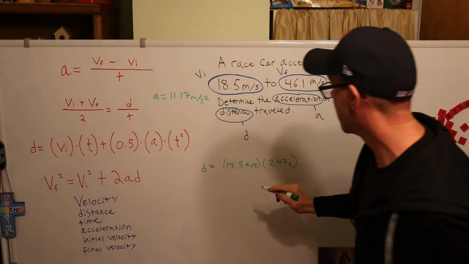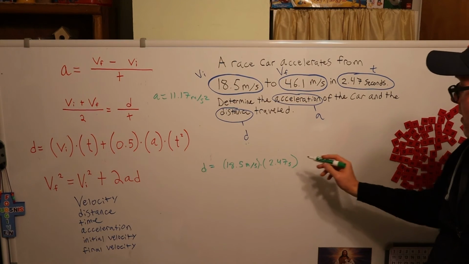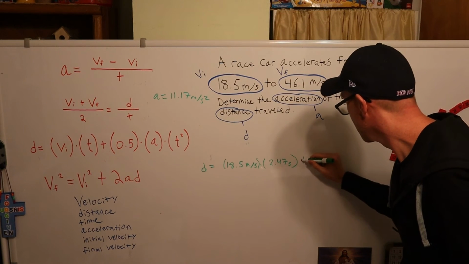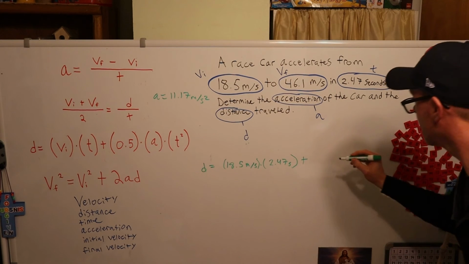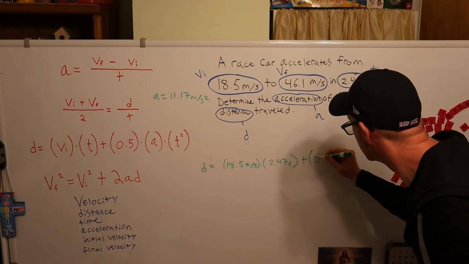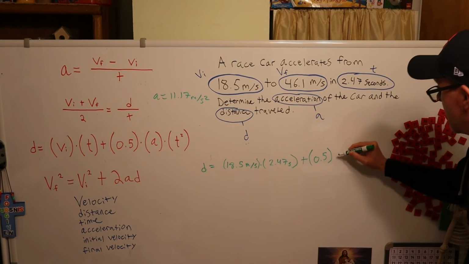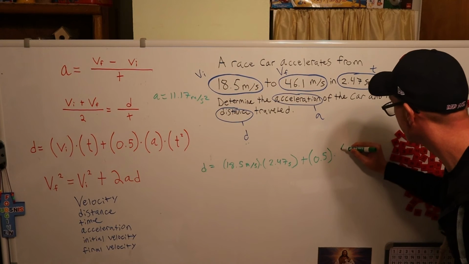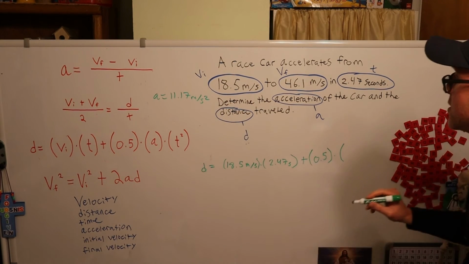Okay, so we got initial velocity multiplied by time, and then we're going to add that to 0.5, and we're going to multiply that by our acceleration, which is right here, 11.17.